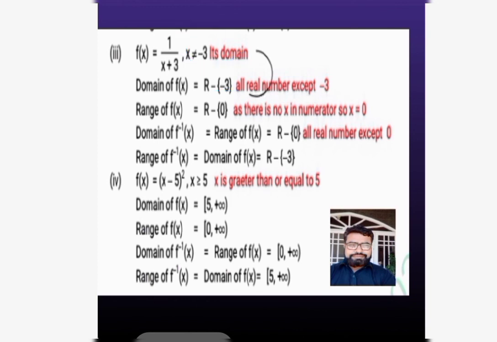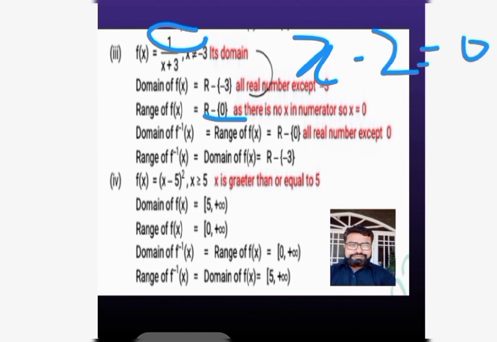This is the domain of f of x. As I told you in the last part, there was x minus 1 in the numerator and we put it equal to 0, but here there is no variable x in the numerator. If there is no variable in the numerator, we will subtract 0 from the set of real numbers. If there is a variable like x minus 2, we make it 0, so x is not equal to 2.